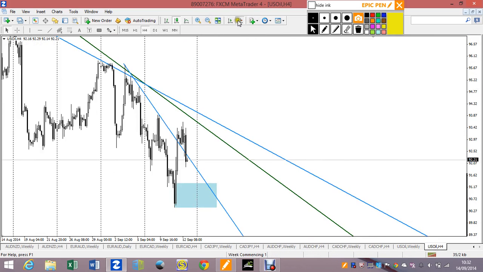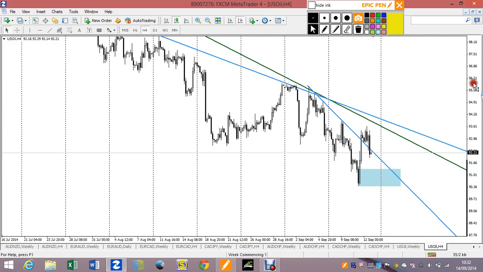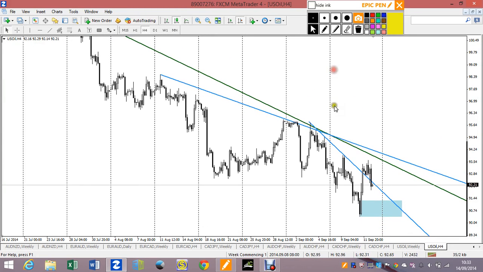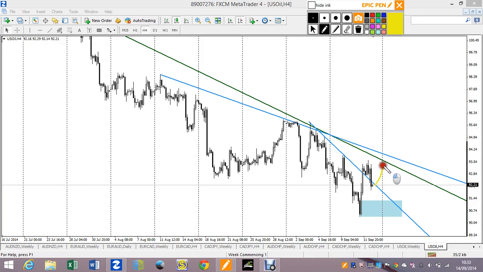And then on the 4-hour charts, we have 4-hour trend line that has already broken. This could be a reaction to this now. It may go down to the extreme first before we break back up.